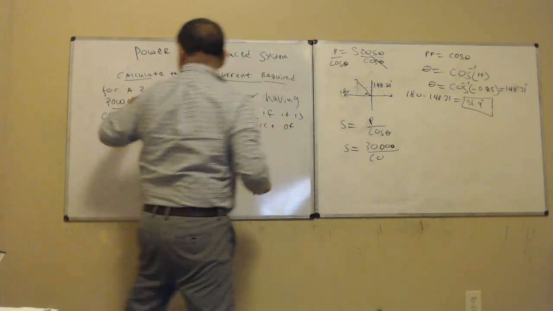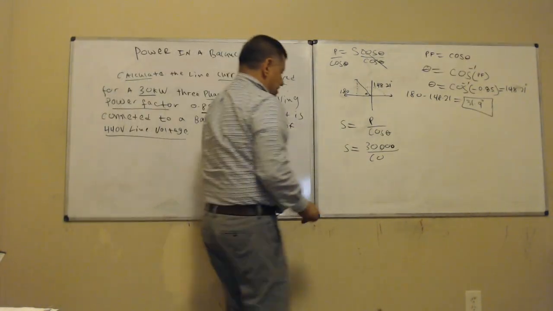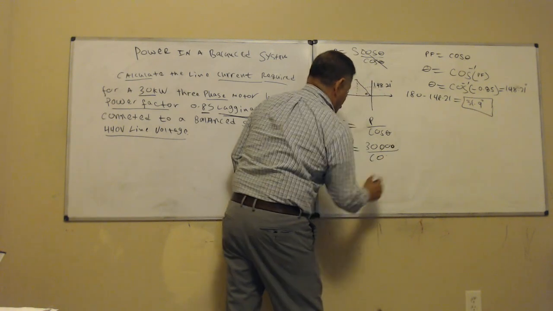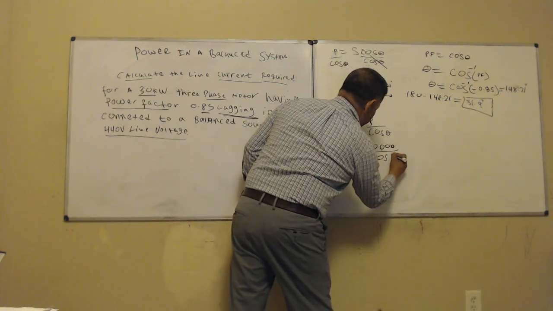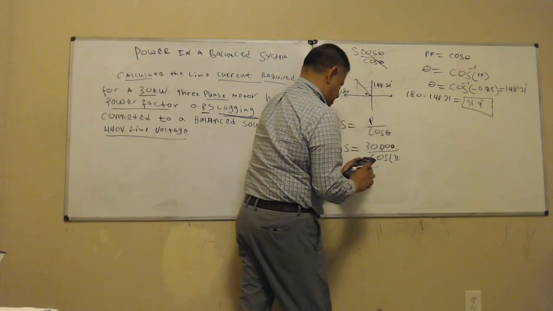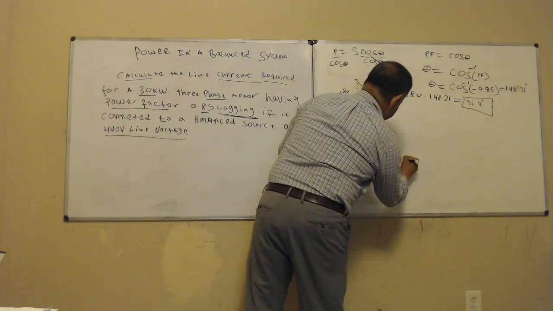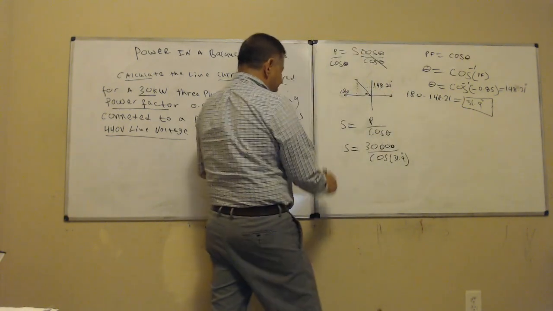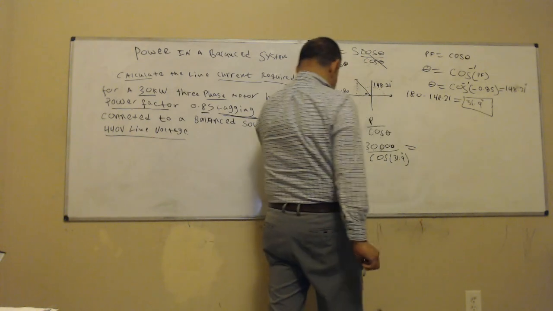Because it's in kilowatts, I just multiply by 1,000. So cosine of the angle theta, which in this case is 31.9 degrees.